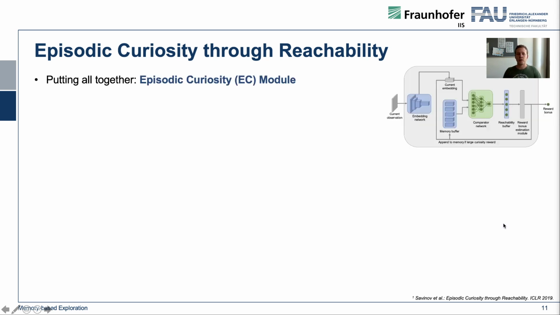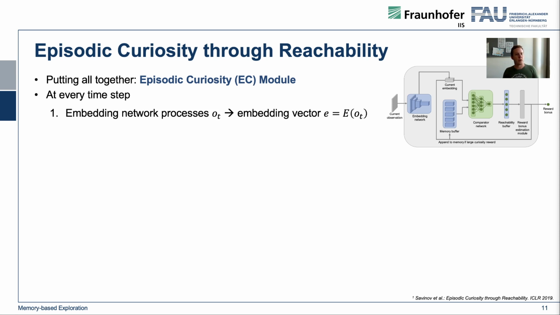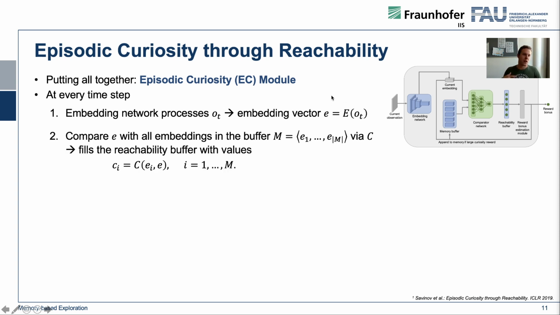Okay, so if we put all this together, we can formulate a simple algorithm out of this. At every time step, we take an image or an observation and process this observation with the embedding network, from which follows an embedding vector. The embedding vector is called e, which is just the encoder function over the observation data.